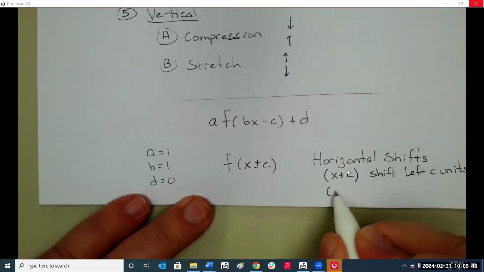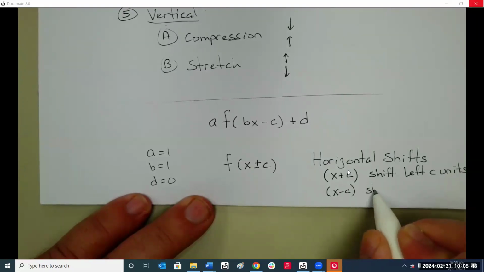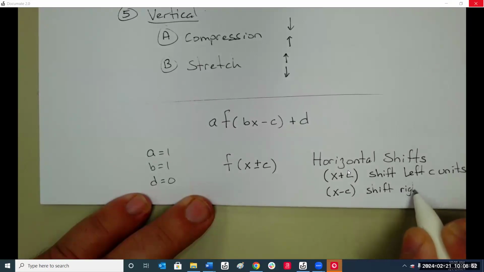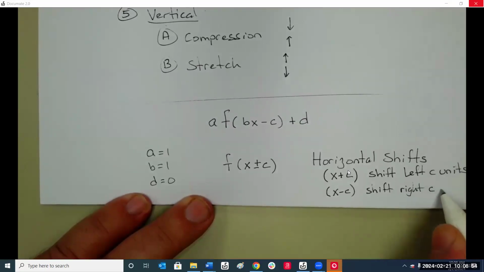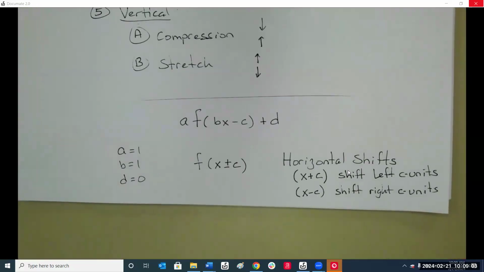If we have X minus C, we shift right C units. Again, now these transformations, I cannot stress enough how important it is that you memorize the library of functions.